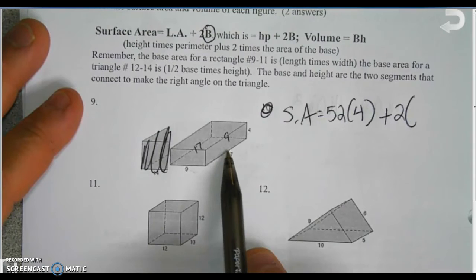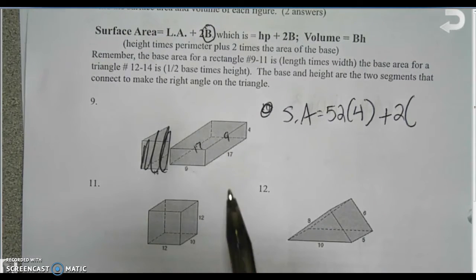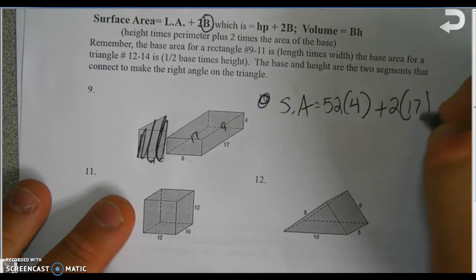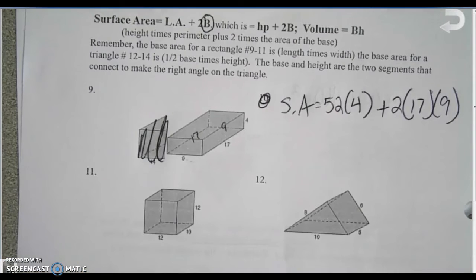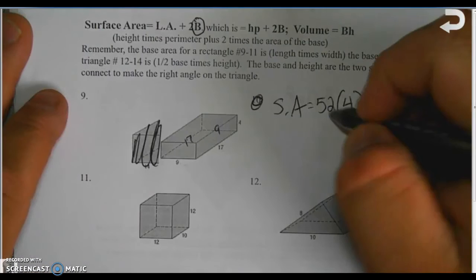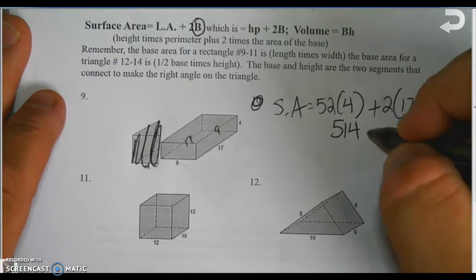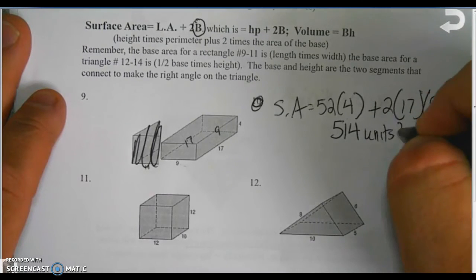Well, the area of a base is length times width. And so we're doing 17 times 9. And so when you put all that in your calculator, you get 514. So the surface area of this shape is 514 units squared.